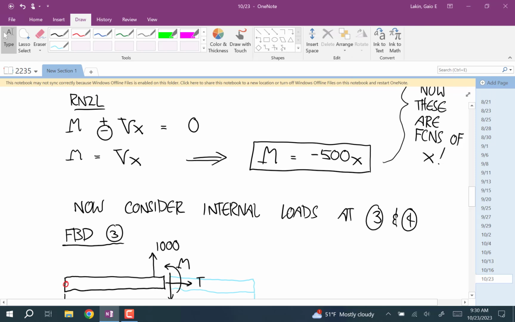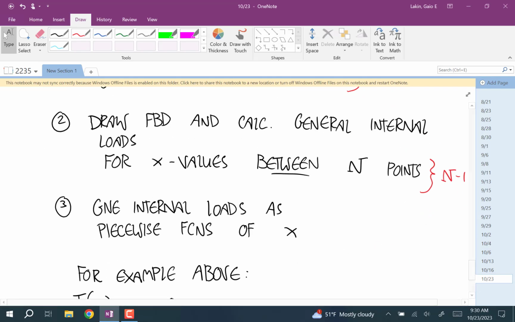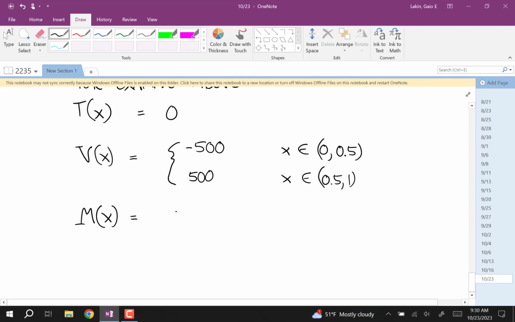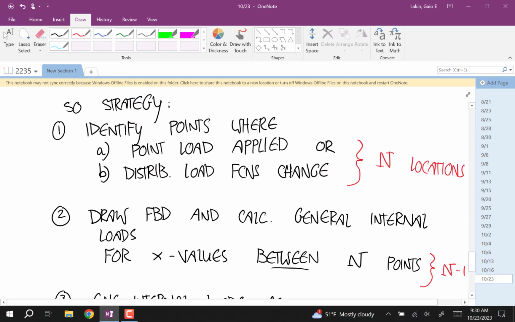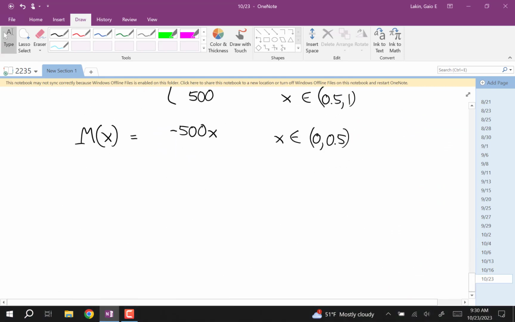For x's between 0 and 0.5, we had this function negative 500x. For x's between 0.5 and 1, we had 500x minus 500.